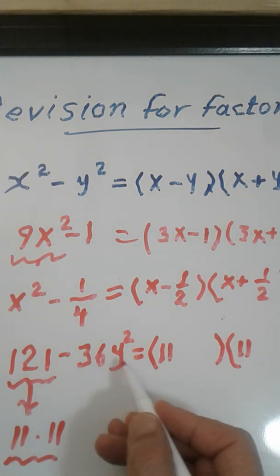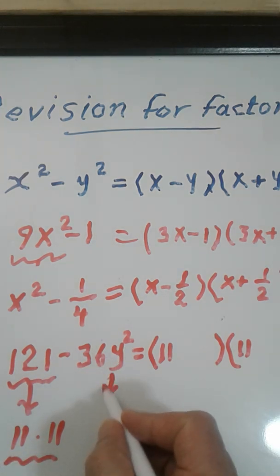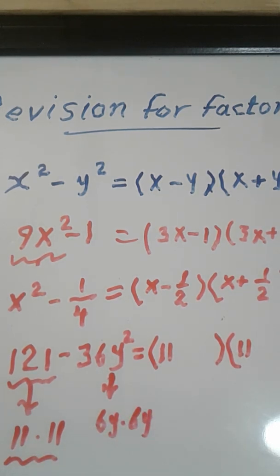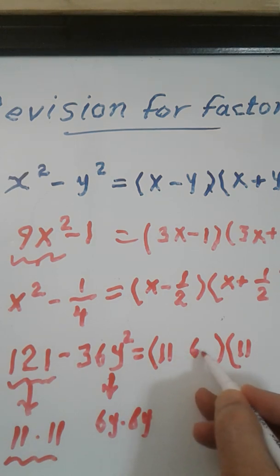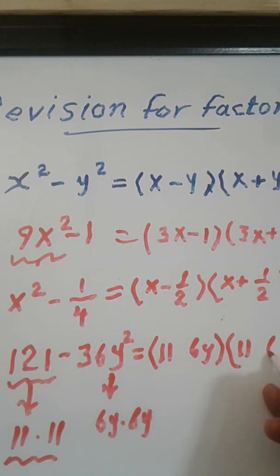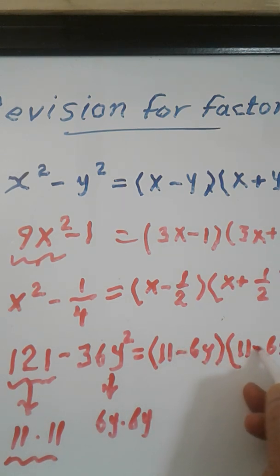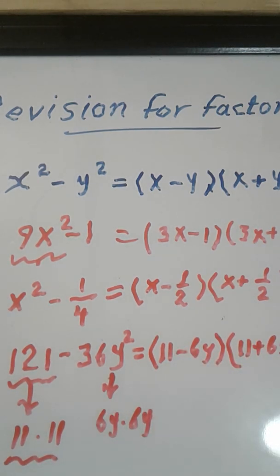Then 36y squared is like 6y times 6y. So we write here 6y and here 6y, with minus and plus. This is the rule for the difference between two squares.